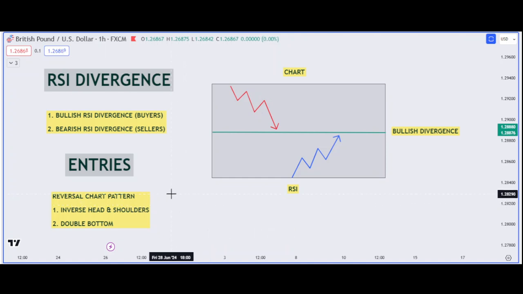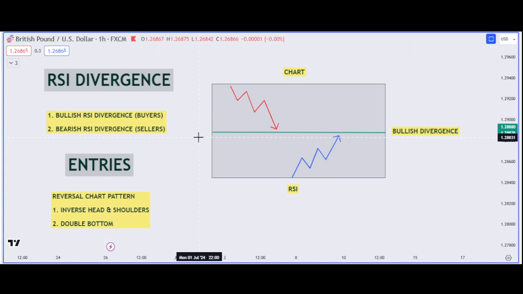In our previous video, I explained RSI divergence, the differences between the bullish RSI divergence and bearish RSI divergence. But in today's video, I'm going to show you how you can trade it on a live chart market.